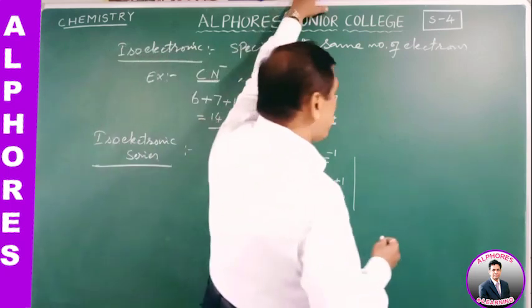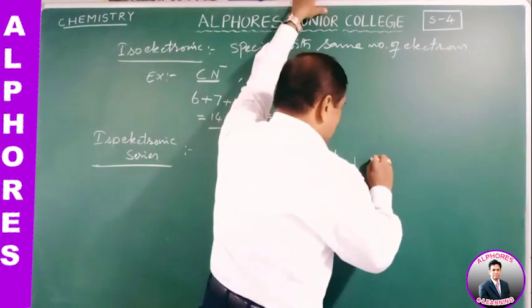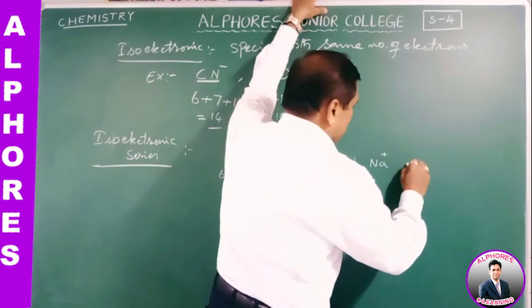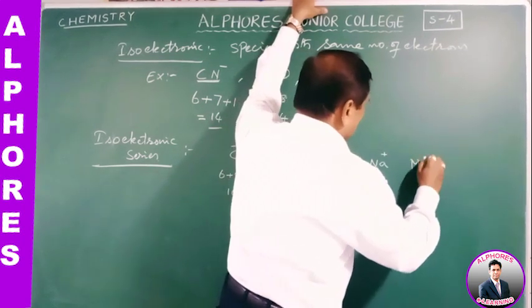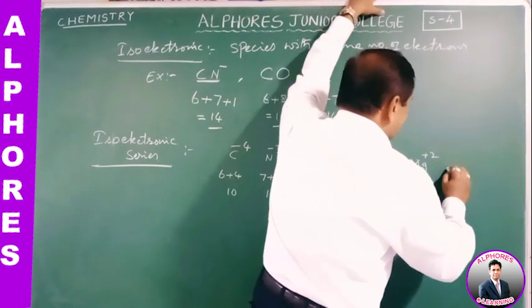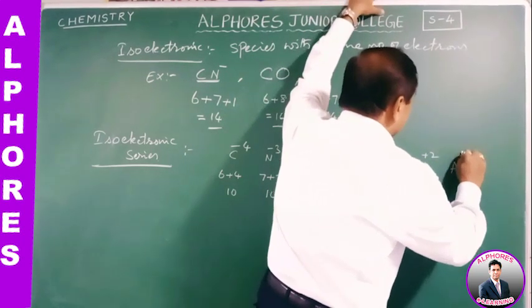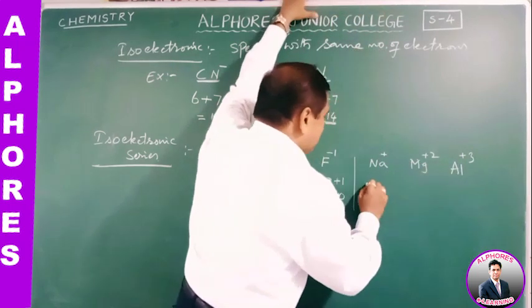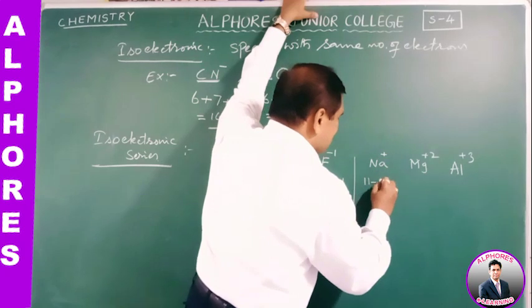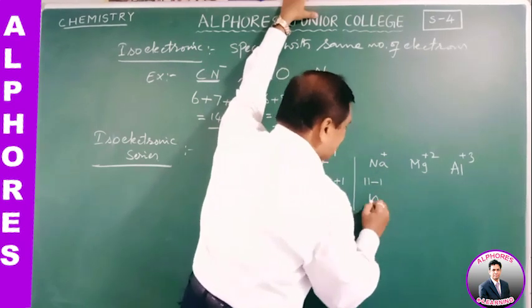Let us take positive ions, that is cations: sodium ion Na plus, magnesium ion Mg plus 2, and aluminium ion Al plus 3. Sodium atomic number 11 plus 1 means loss of 1 electron, so it contains 10 electrons.